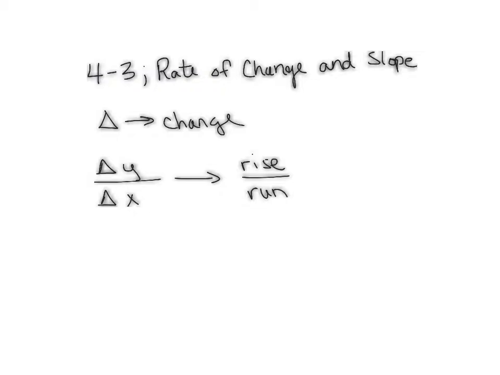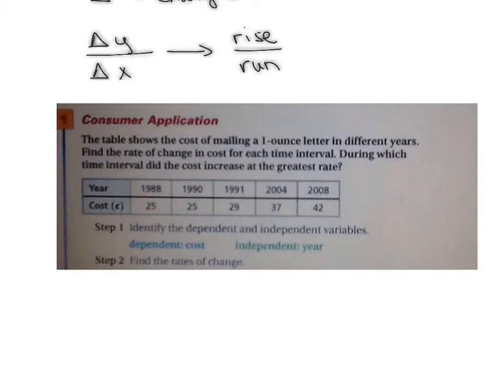So we're going to look at the consumer application. When you're looking at a table, there's a table here and it shows the cost of mailing a 1-ounce letter in different years. The first thing you have to do is identify the dependent and independent variables so you know which one's your x and which one's your y.